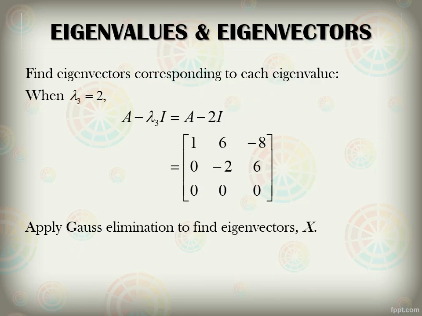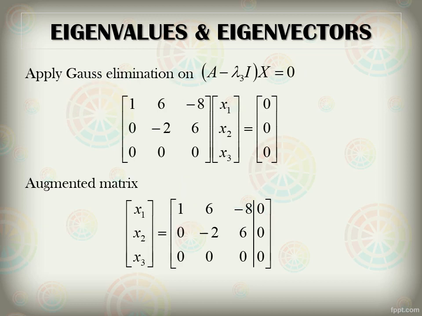And lastly, we need to do for x3, lambda 3, which is lambda equal to 2. Repeat the same process, right? After you substitute lambda into the equation A minus lambda 3 I equal to 0, you get this matrix A minus lambda I times your x equal to 0.